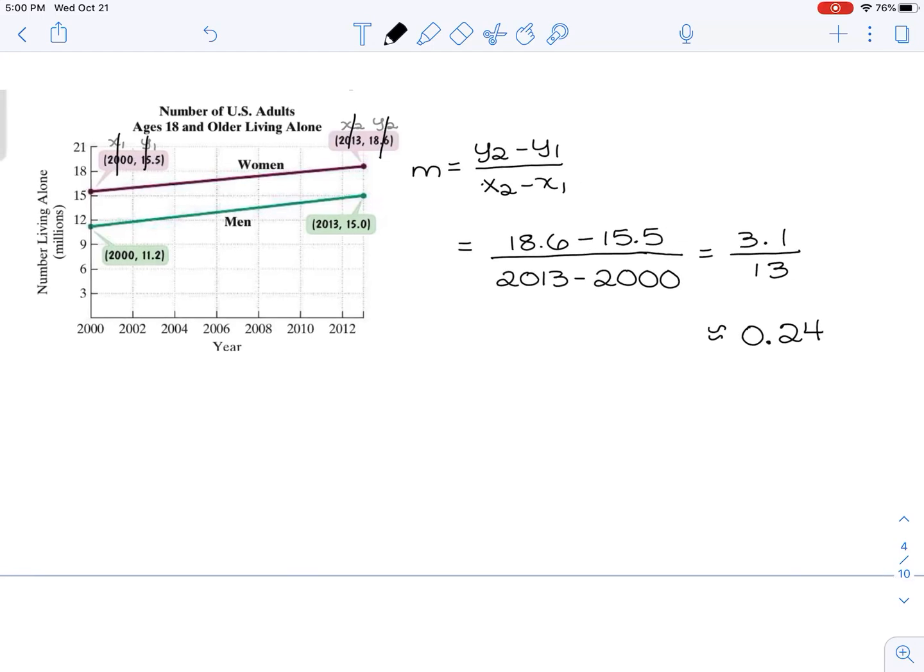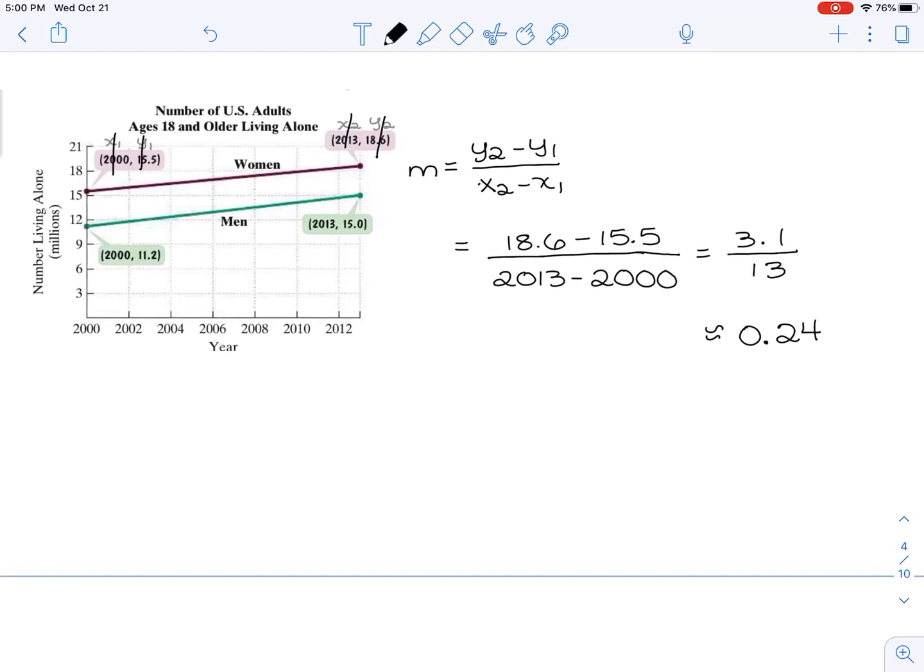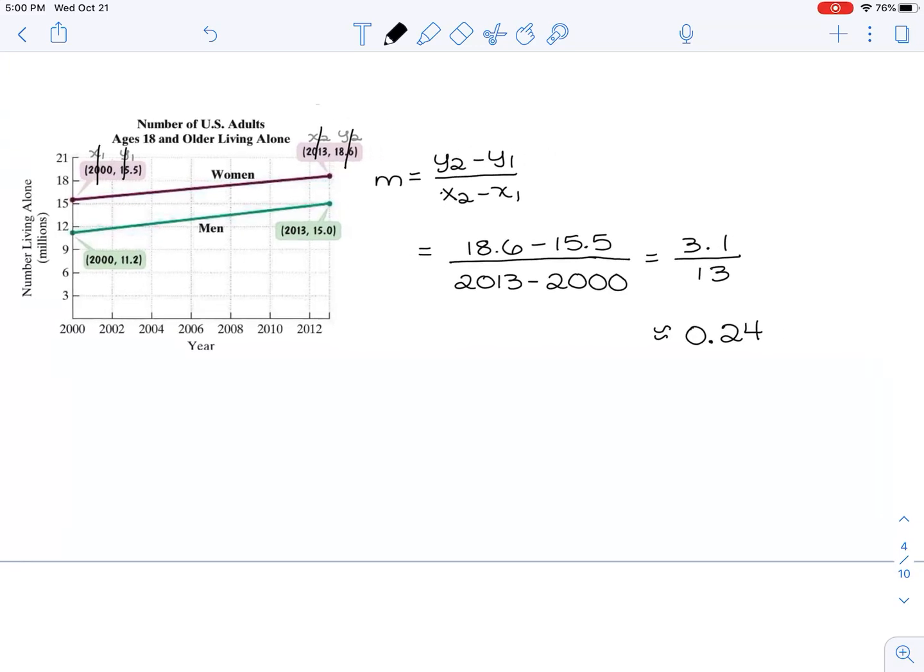However, what does this actually mean? Well, if you paid attention, your y values tell you the number of living alone in the millions, versus your x values tell you your year.